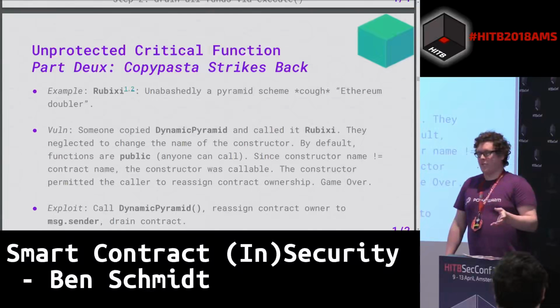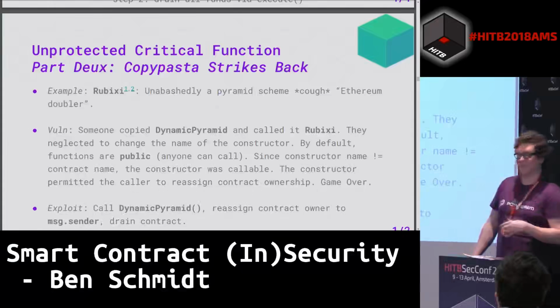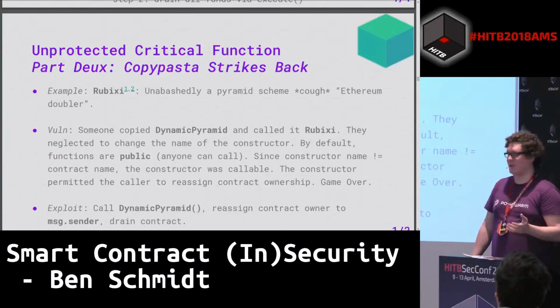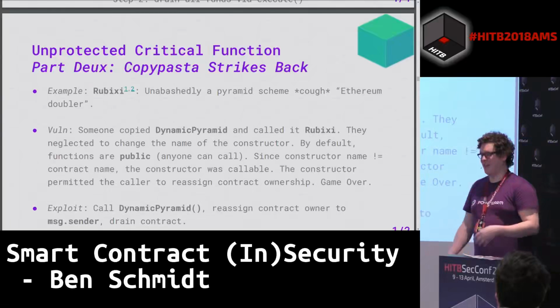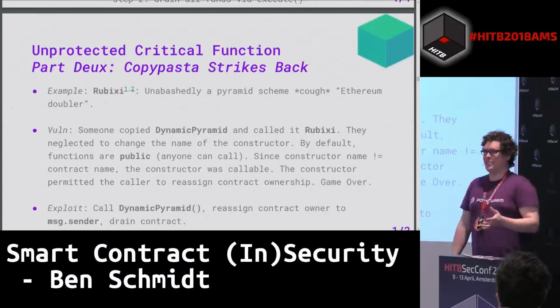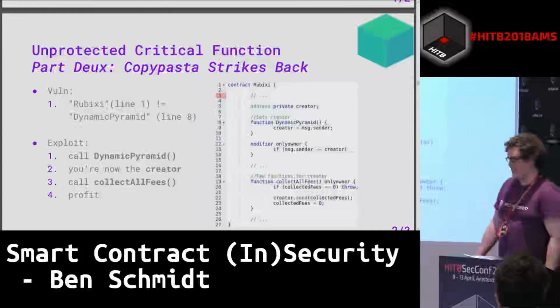For that to happen, however, the constructor to the smart contract actually has to be named the exact same thing as the contract itself, and if it's not, it just becomes a normal public function. So in this case, someone deployed this contract, it got a bunch of people to participate, and actually didn't initialize their wallets. Someone initialized it and then drained the entire contract.